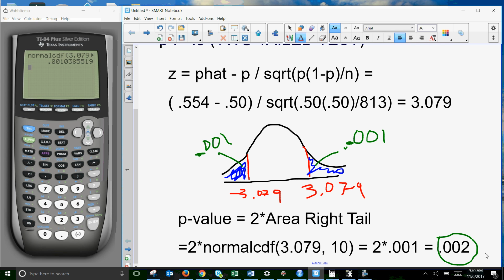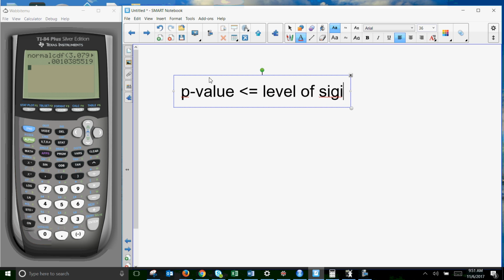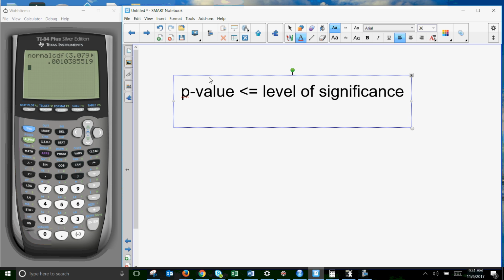So now I have to say, well, what if I had some level of significance? Let's say we're going to test the p-value and see if it is less than or equal to the level of significance. So let's say our p-value, we just got, was 0.002, and let's say we wanted a level of significance of 0.05.